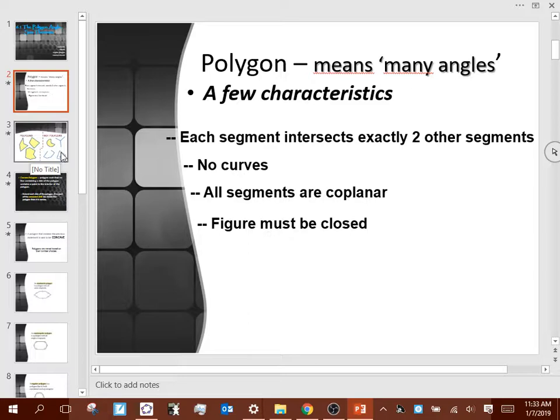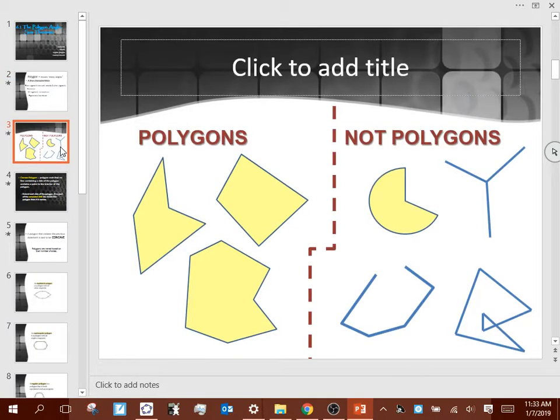I'll give you a couple examples of things that are polygons and things that are not. Those shapes on the left are all polygons. They're comprised simply of segments, and if you choose any one segment, it's going to intersect exactly two others. Let's look at the first one on the left.